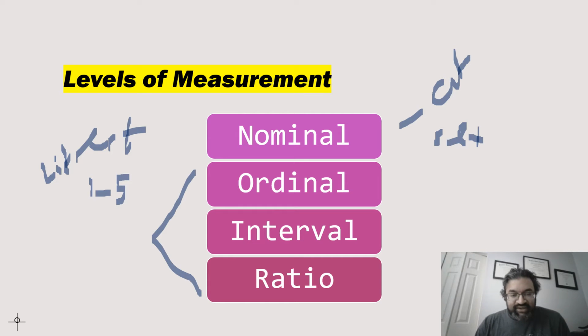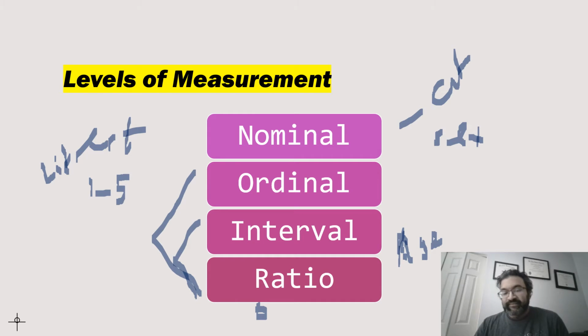And then interval versus ratio. Well, basically ratio has 0 in it, and interval doesn't. And these are like age. Depending on who you ask, age technically can be 0, but most likely it's a certain amount between, even if it's a decimal, like 6 months, or just newborn versus old age.